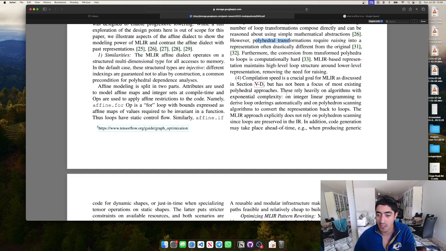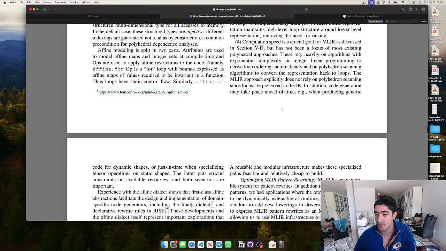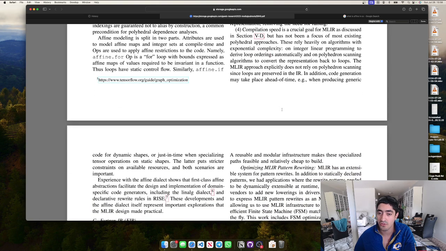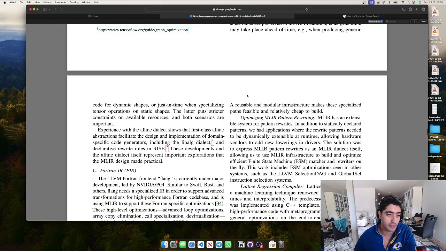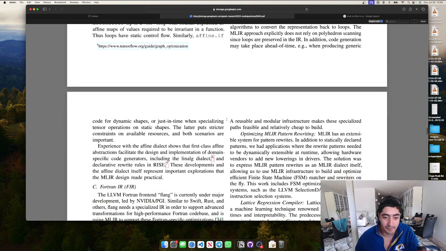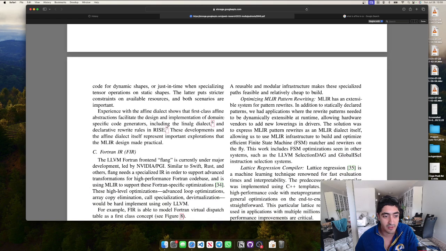The MLIR approach explicitly does not rely on polyhedron scanning since loops are preserved in the IR. In addition, code generation may take place ahead of time, for example when producing generic code for dynamic shapes, or just in time when specializing tensor operations on static shapes. The latter puts stricter constraints on available resources, and both scenarios are important.